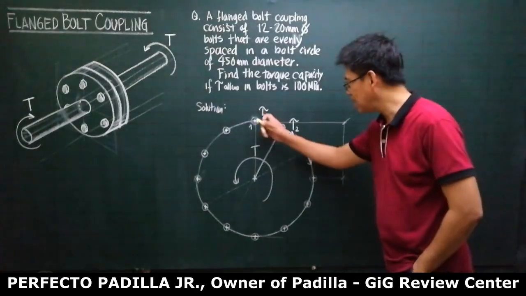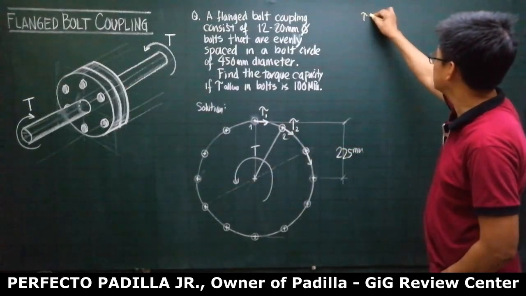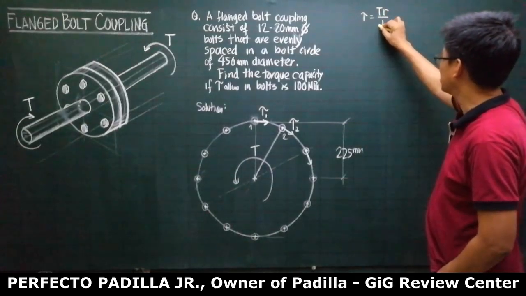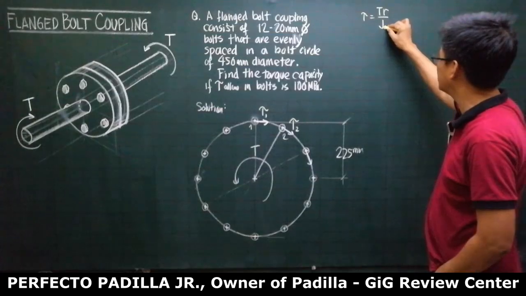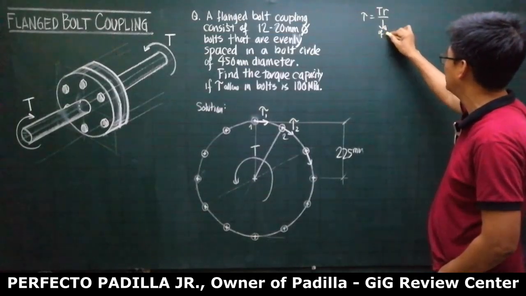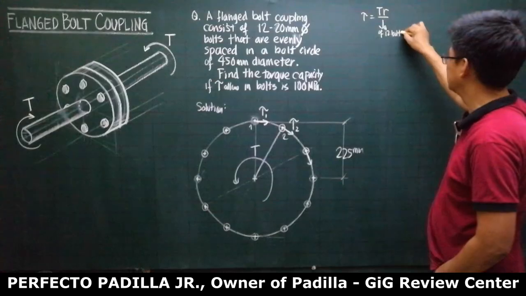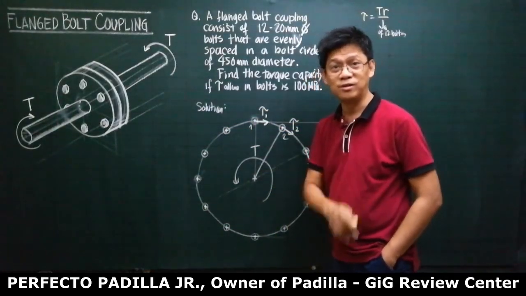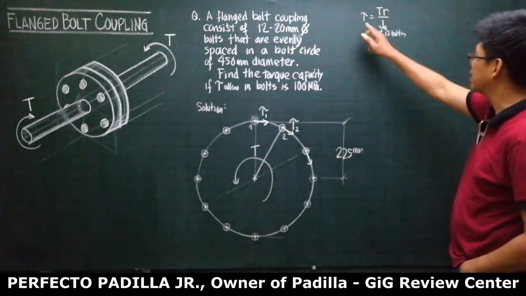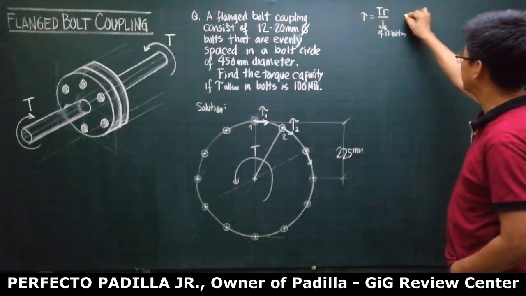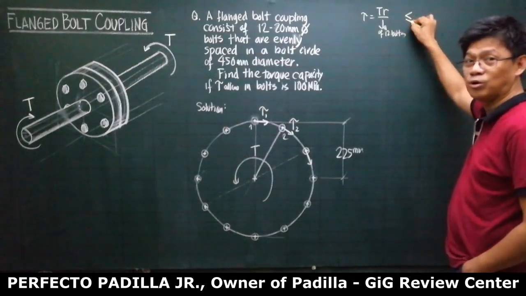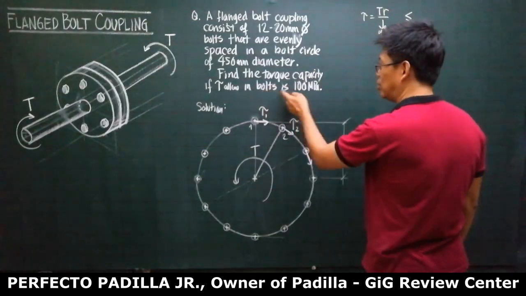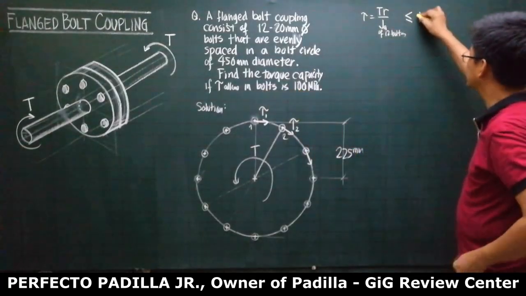Inasmuch as stress is equal to TR over J, this is J about the global centroid of the 12 bolts, because it is the bolts that are supporting the load. So, therefore, this must be less than or equal to the allowable stress.